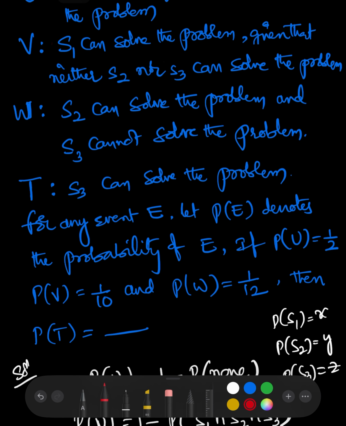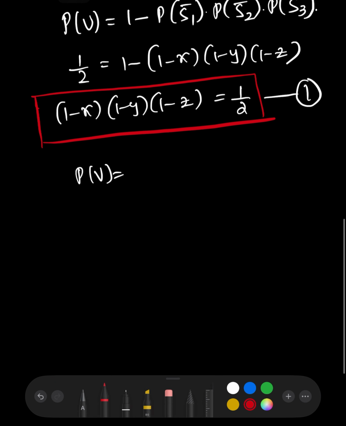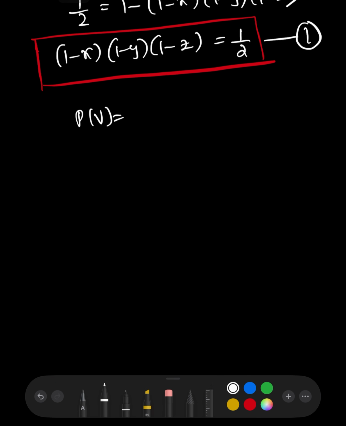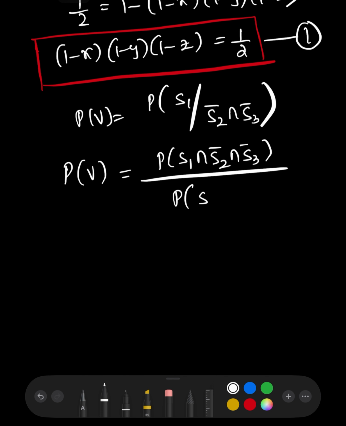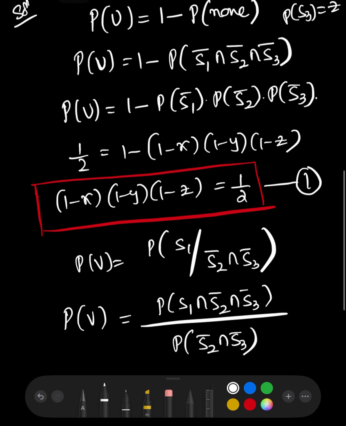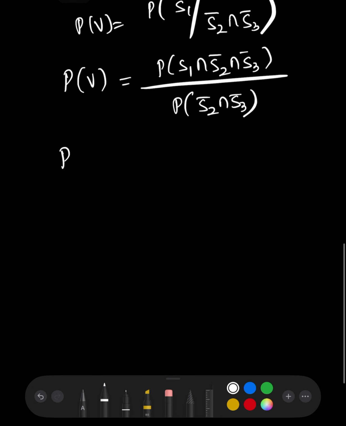So P of V equals P of S1 intersection S2 bar intersection S3 bar, whole divided by P of S2 bar intersection S3 bar. And P of V is given as 1 by 10.